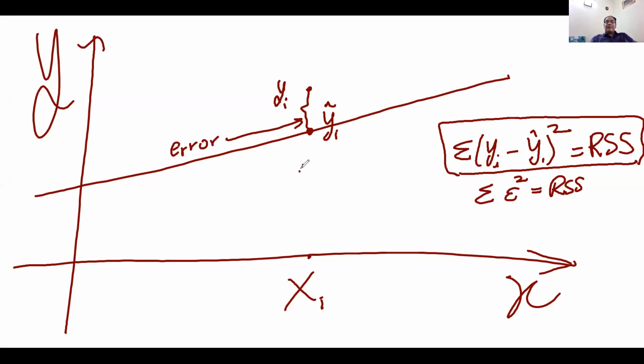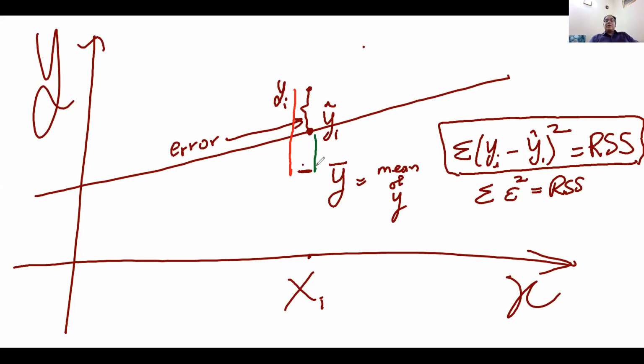Now the next value. Suppose this is the mean of y. This mean of y gives me two things. Number one, this, and number two, this value.